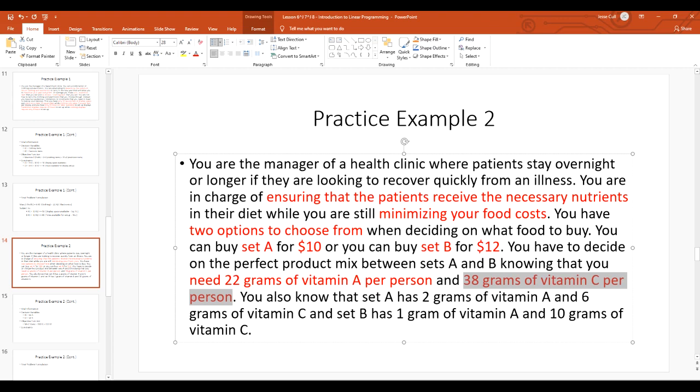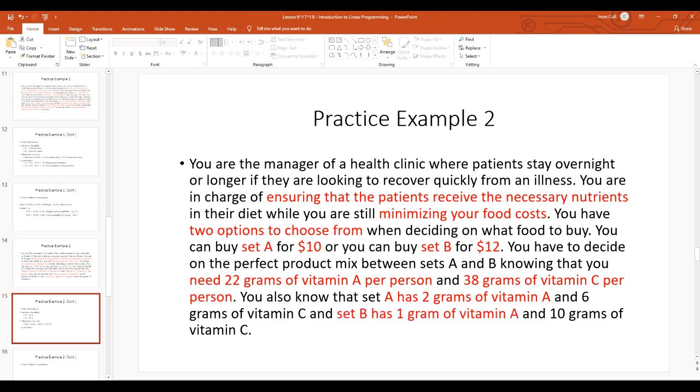Set A has 2 grams of vitamin A. Set B has 1 gram of vitamin A. So now we see here we require 22 grams. A has 2 grams, B has 1 gram. We can write our first constraint.